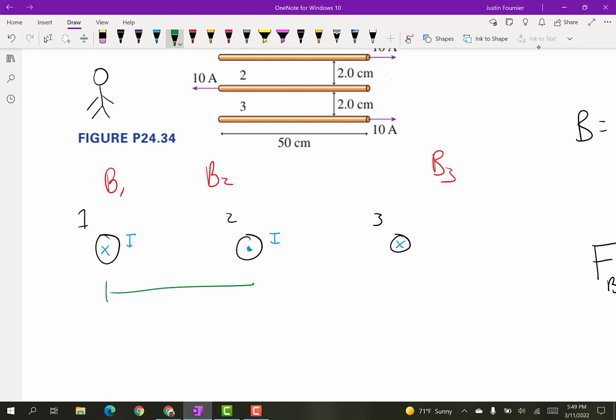This distance here is 2 centimeters, and this distance here is 2 centimeters.